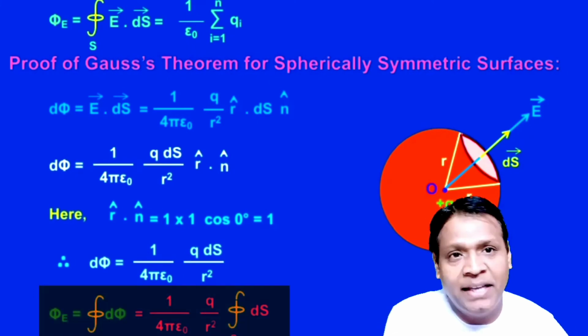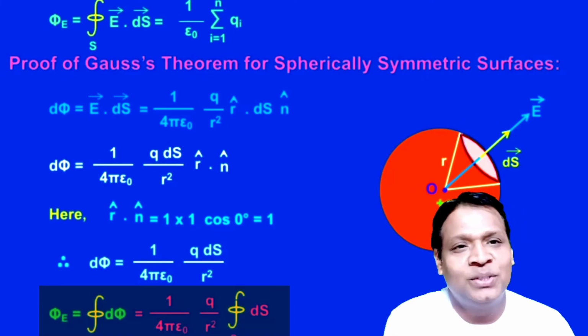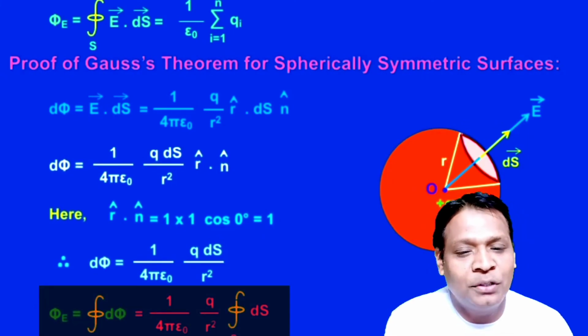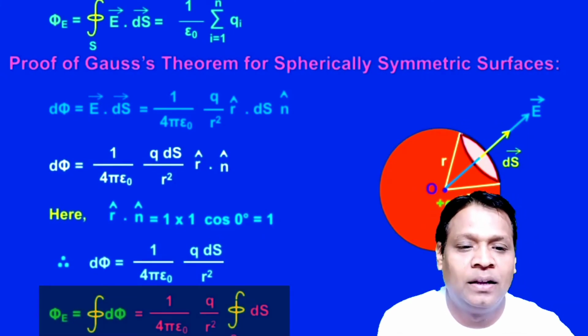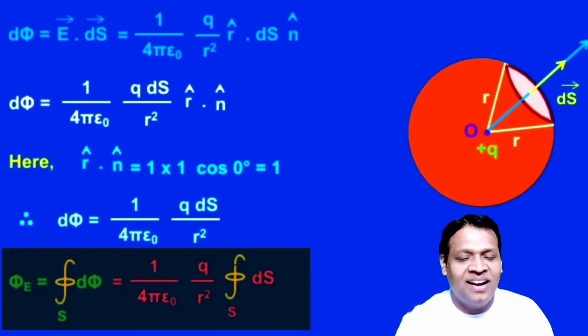So the total flux phi e will be equal to the closed integral of d phi for the surface S. We can say that it will be like this: 1 upon 4 pi epsilon naught q upon r square.